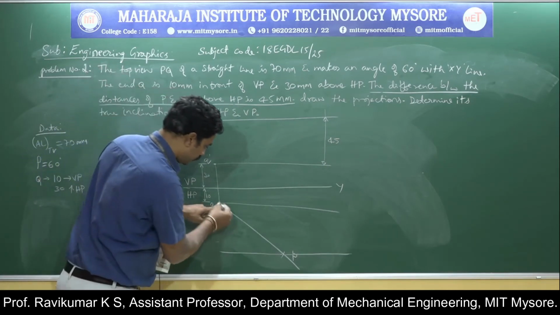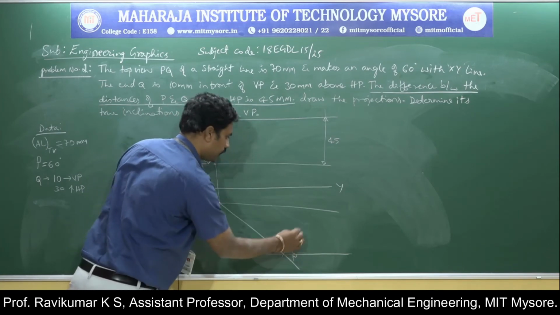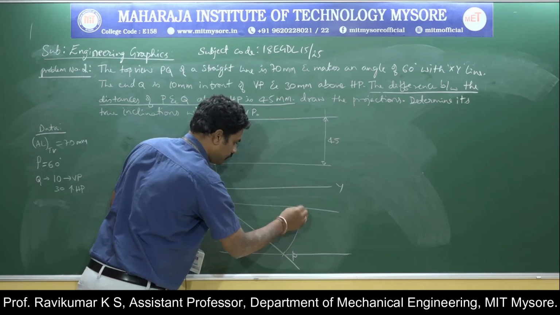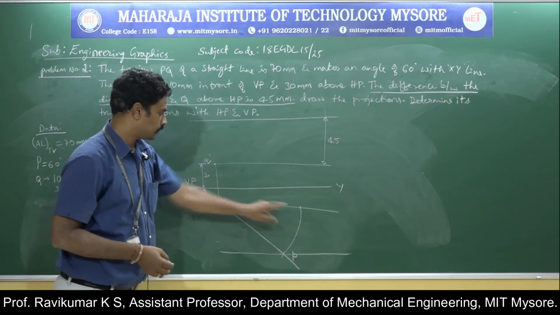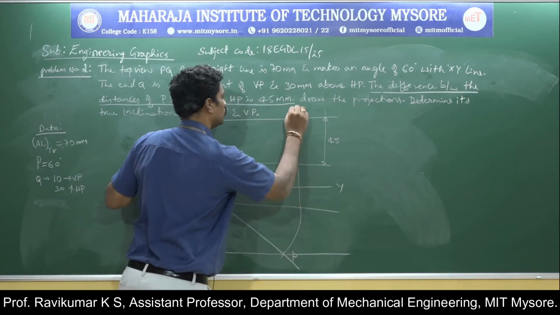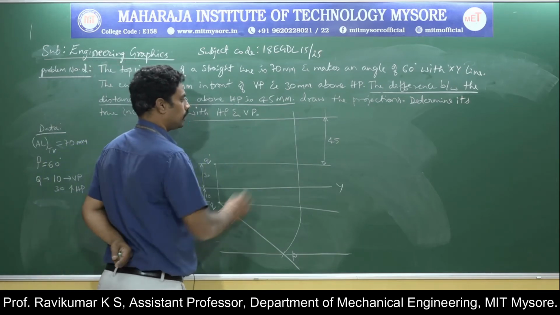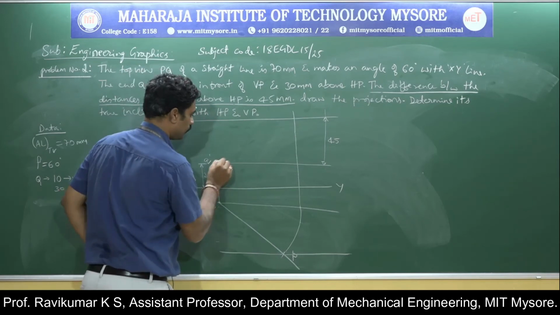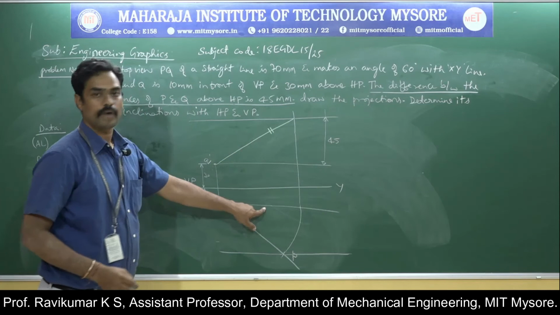So you just rotate this point with respect to Q up to the locus of Q, thereby making it parallel to the XY line. From this you project to the front view. When this projector touches the locus, you will get this point. If you join these two, that will be the true length of the line because it is appearing parallel here.